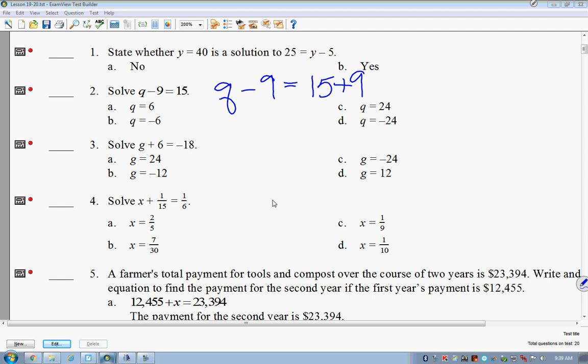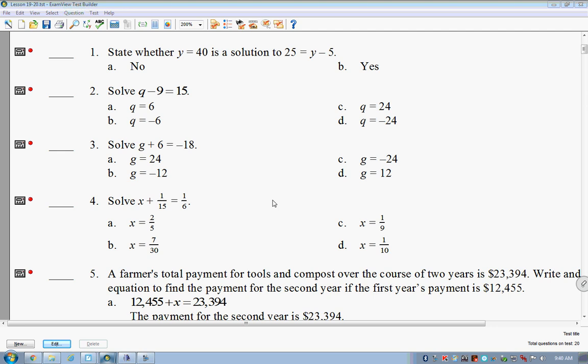I have to add 9 to both sides, otherwise I don't cancel out the negative 9 on the left-hand side, and I still wind up with q minus 9 equals 24, and I'm no closer to the solution, and I've unbalanced the equation, okay? So we want to be very literal here about doing it to both sides. That way we get q equals, what do I get whenever I add 9 to both sides? We get q equals 24, great.